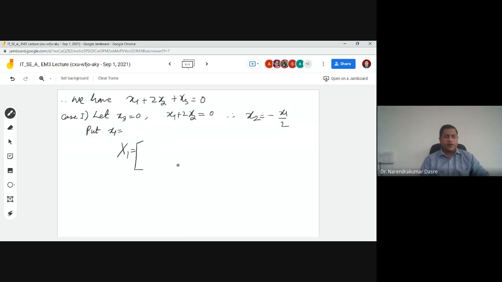So what minimum value you can put? See, this is the equation that we have to solve. So we have to choose the value of x1, which is minimum positive integer, so that x2 will be integer.